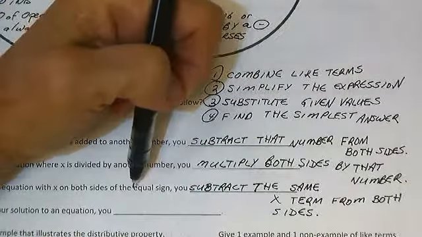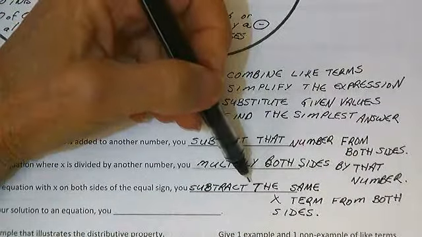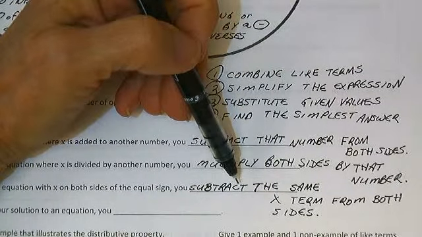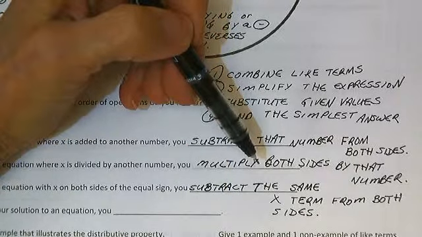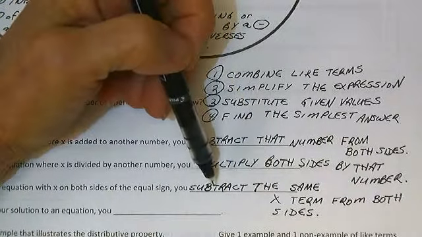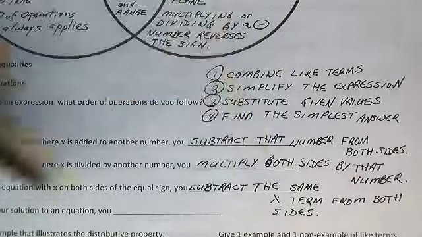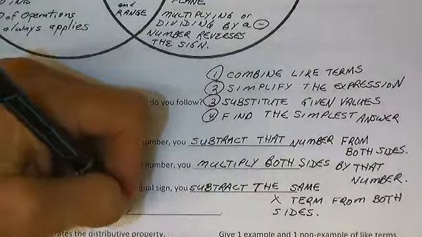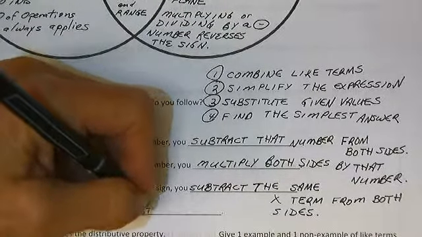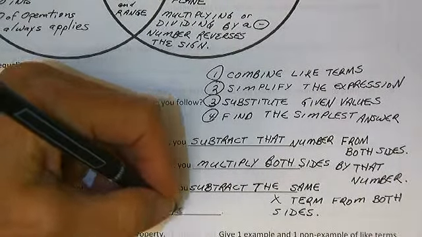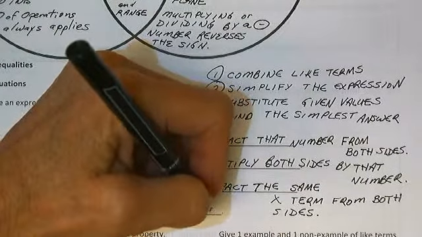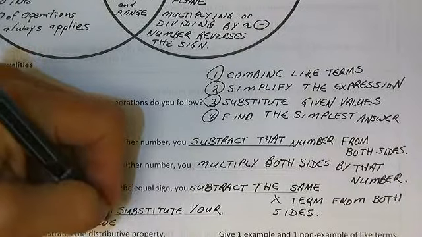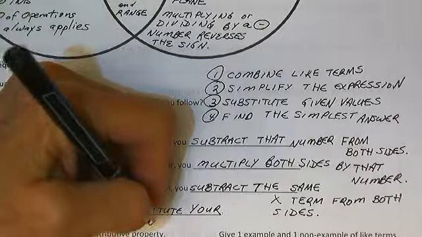So if you have 4x on one side and 2x on the other side, you must either subtract 2x from both sides or subtract 4x from both sides. To check your solution to an equation, you substitute your answer into the original equation.